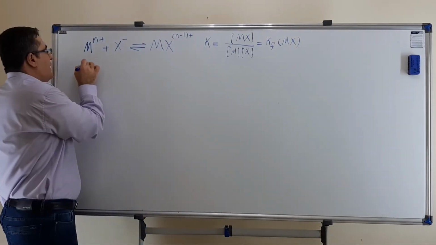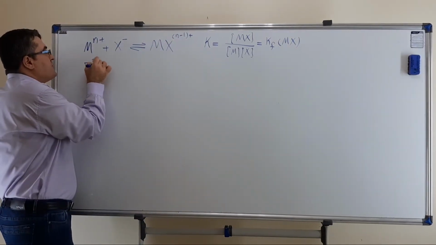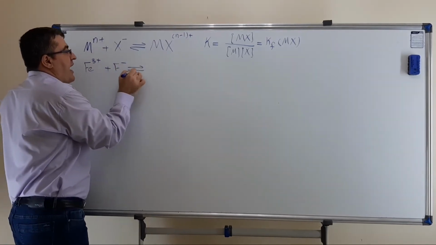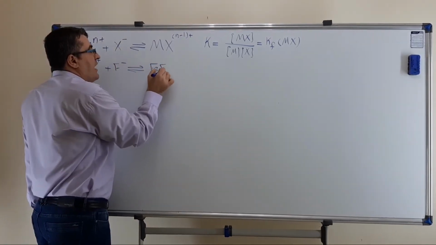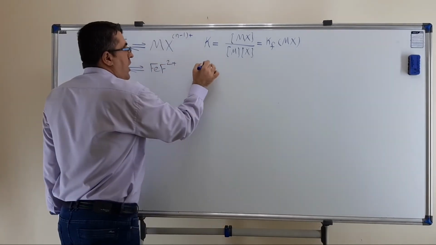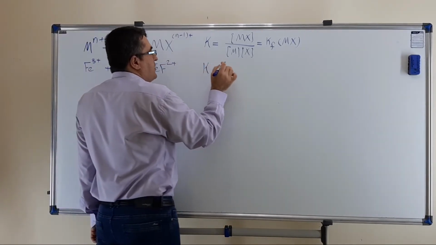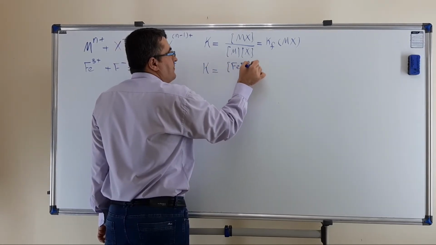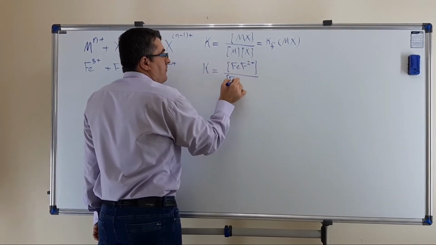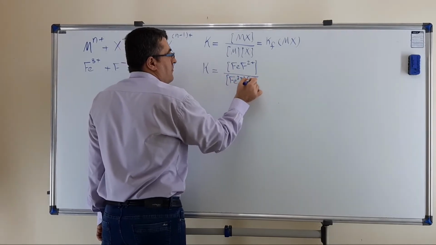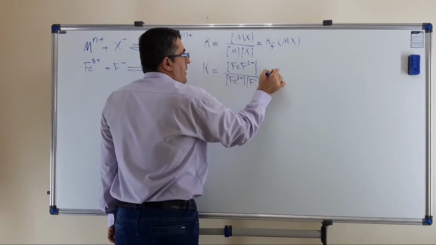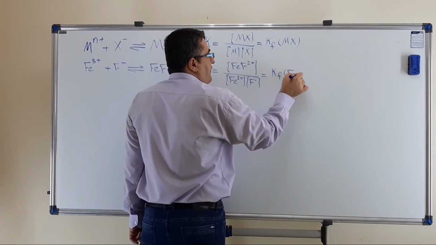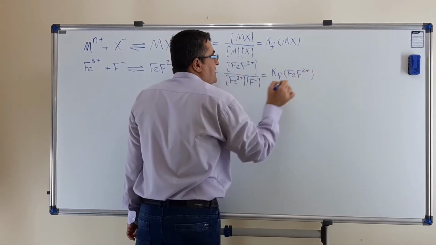For example, in aqueous solutions, Fe3+ and F- can react with each other to form FeF2+, whose equilibrium constant is equal to this, and can be considered as formation constant of FeF2+ from its constituents.